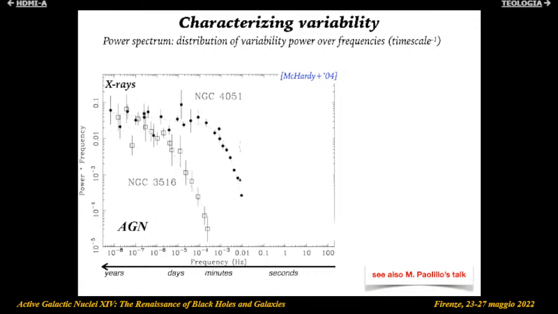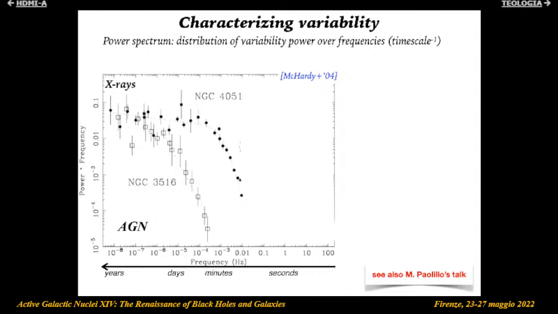Basically, a power spectrum shows the distribution of variability power over temporal frequencies, which is the inverse of the timescale. This is an example of the power spectrum of two very well-known AGN. And these are basically the timescales where variability is observed, which go from sub-minutes up to years.